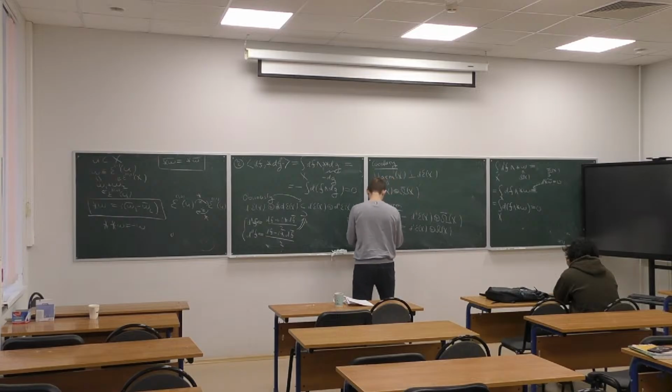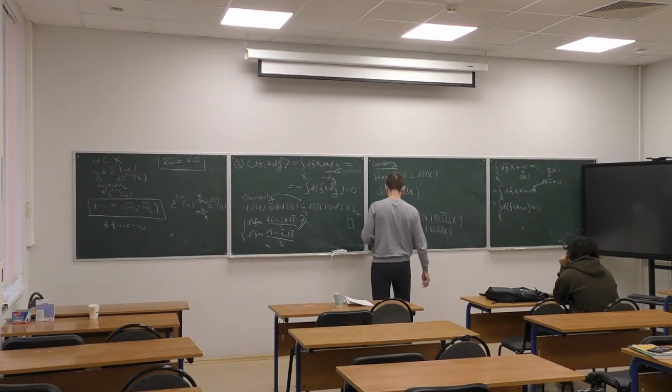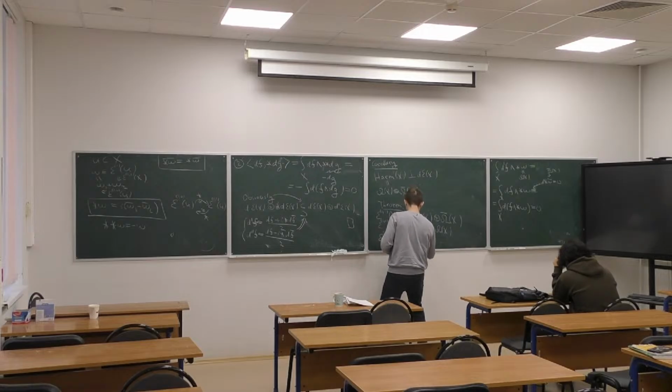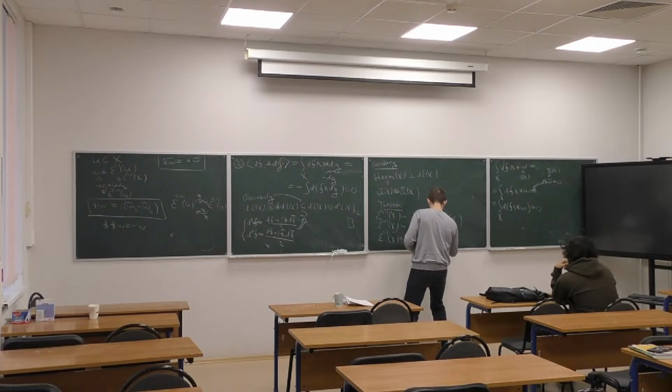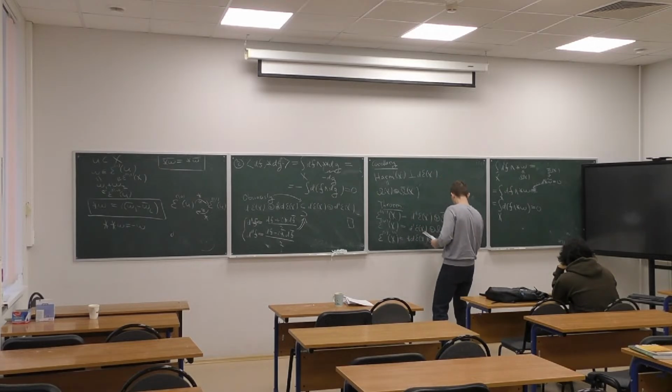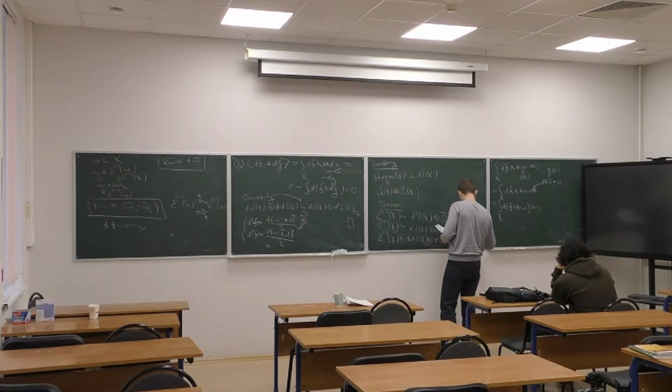And we also have the decomposition of the space of all forms: it is d of E(X) plus star d of E(X) plus harmonic forms.